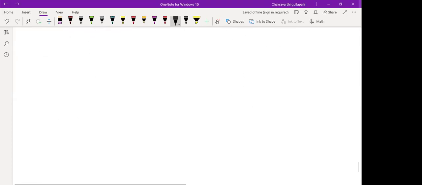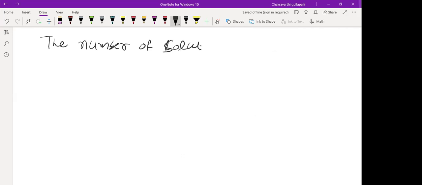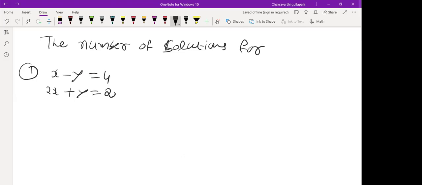For example, number of solutions for: Number 1, x minus y is equal to 4, then 2x plus y is equal to 2.